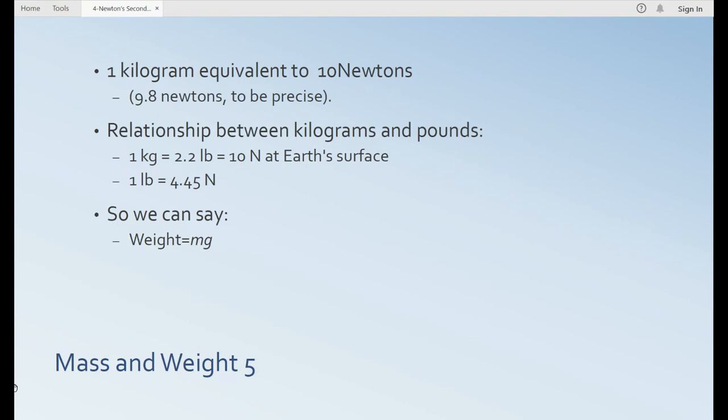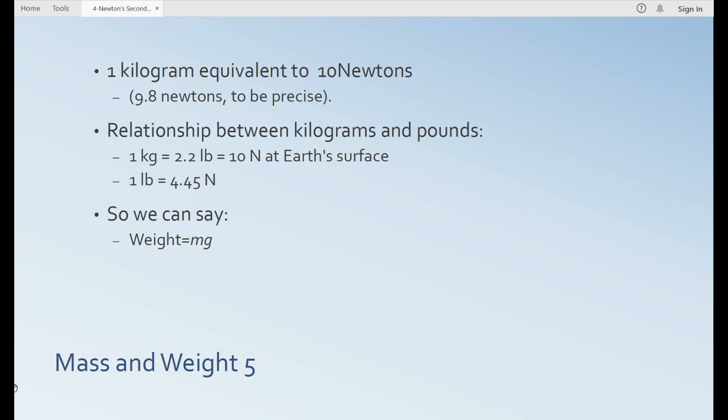So when we're measuring mass, we can say that 1 kilogram, if it's subjected to Earth's gravity, has a force equivalent to about 10 newtons. It's actually 9.8 newtons if we want to be very precise, but just like when we were talking about acceleration, we're going to round that up to 10 to make our equations easier to calculate.